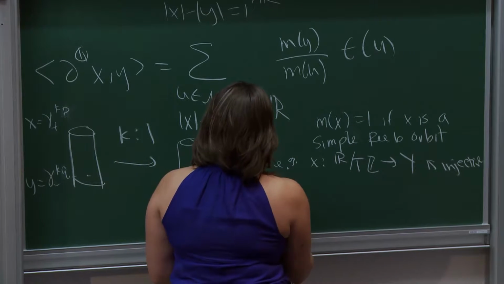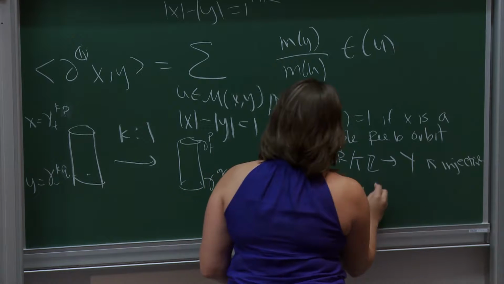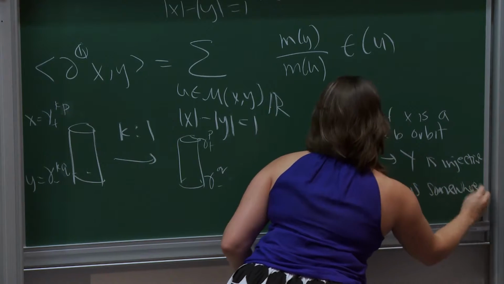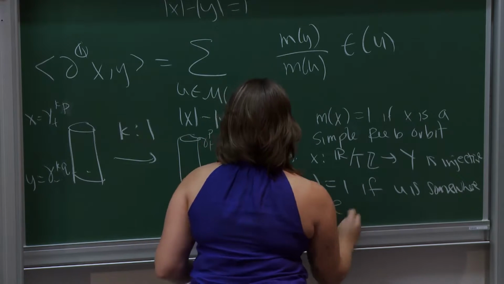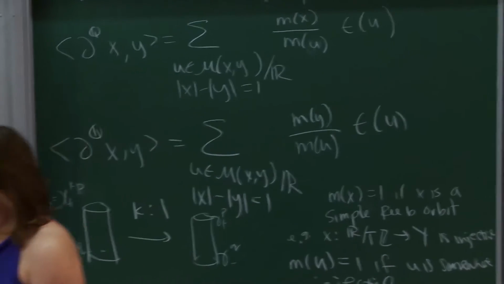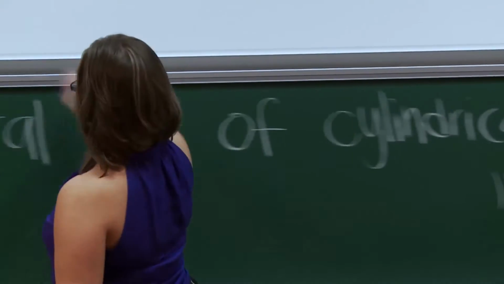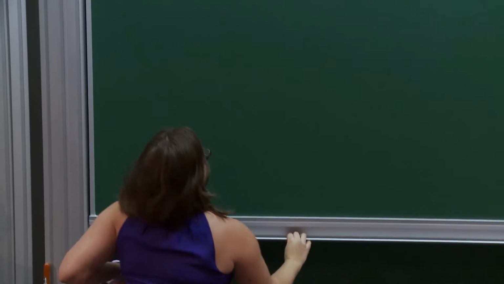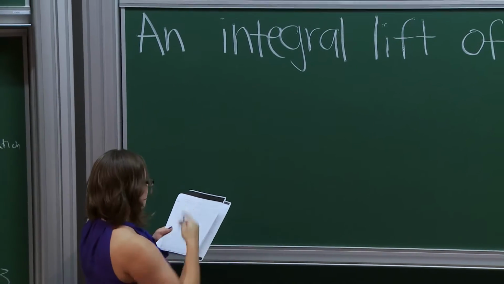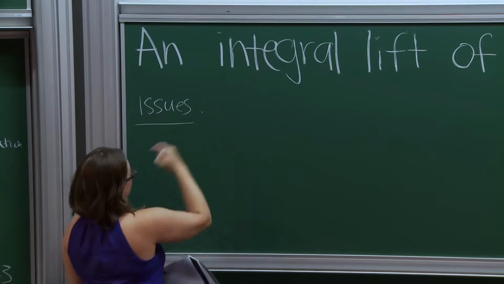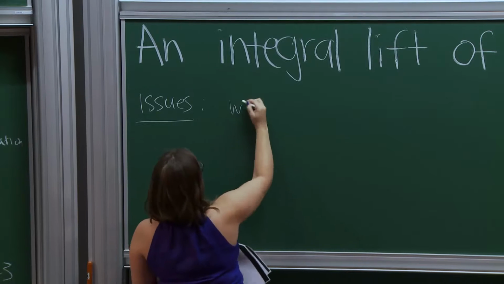And m of u equals 1 if u is somewhere injective. So that looks like beautiful theory, but is not really so beautiful. Some of the issues that are going to arise is that we're working with multiple covers.